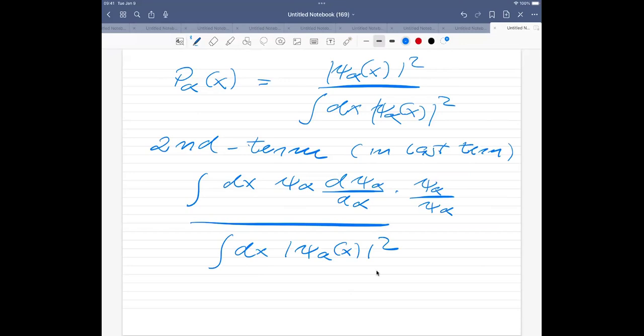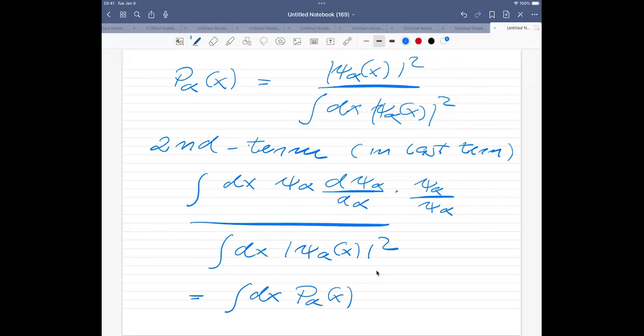So if I then have psi alpha times psi alpha here, you see now that what I'm getting is actually psi alpha times psi alpha here, and then I have the denominator. So that means that I can rewrite that term as a probability. I can rephrase this as an integral where I now have the probability P of alpha of x.